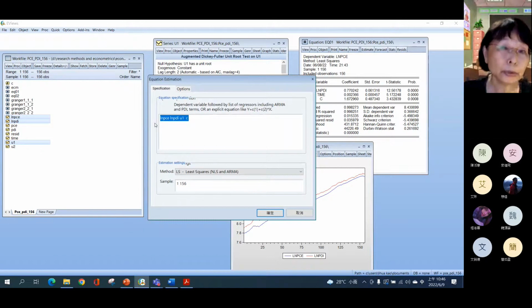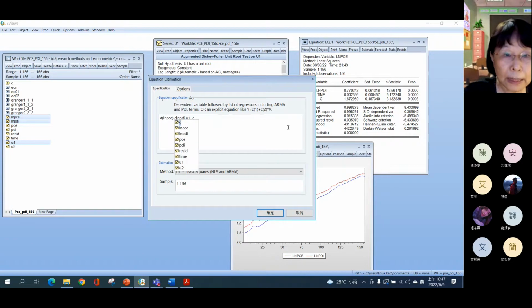Then I need to do the first difference of the Y variable. Okay, so what we do in eViews is to use D parenthesis. And also D, this is the X variable.